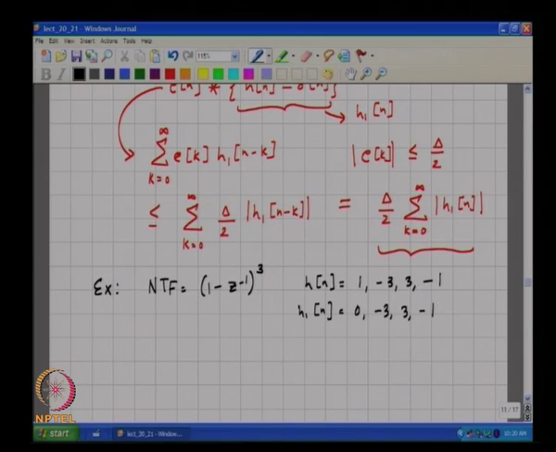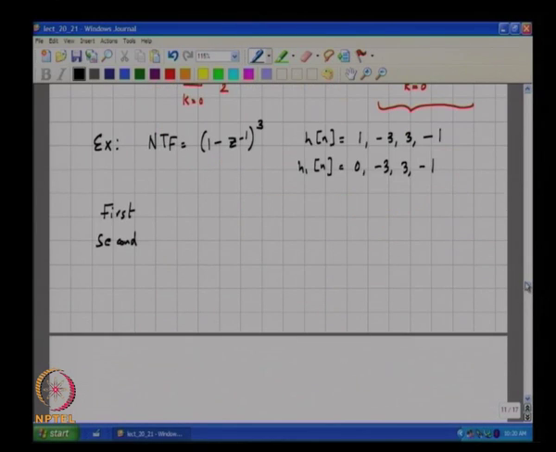So first order, second order, third order, okay, sum of mod h1 is 1 for the first order, 3 for the second order, and 7 for the third order. And what is the out of band gain, or rather the gain at pi?